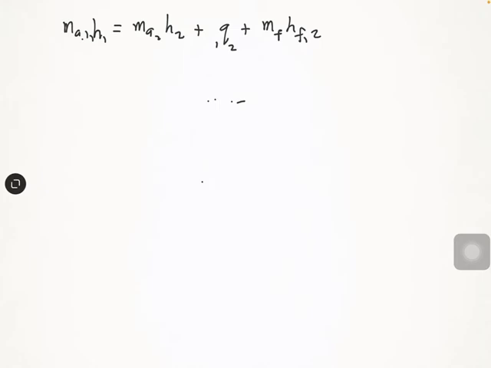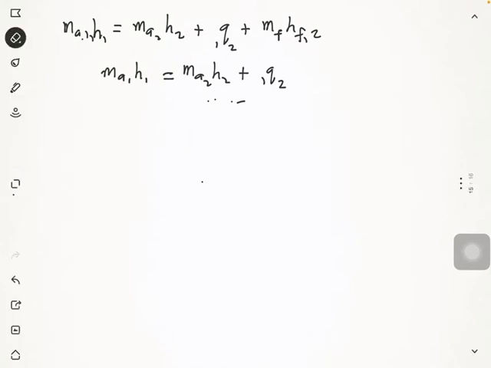So we have the mass MA1 H1 is equivalent to MA2 H2 plus Q1 to 2.